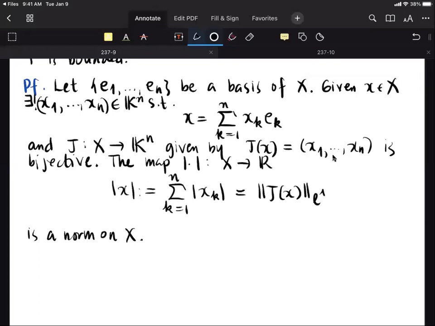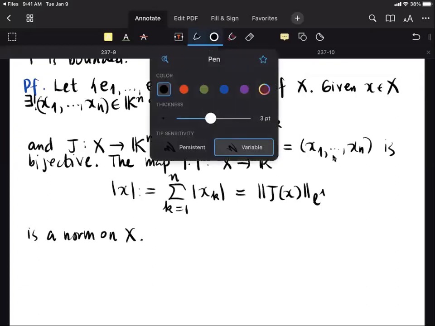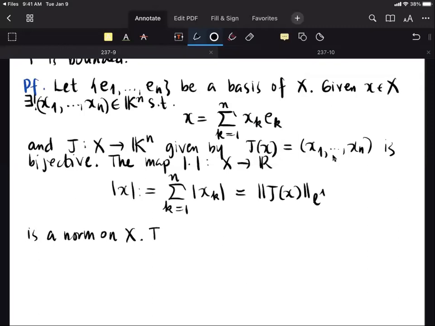Of course, for positive definiteness, you need the fact that J is bijective. So from this, we can now say that there is a constant C greater than 0 such that this particular norm is less than or equal to the constant C times the given norm of your finite dimensional space.